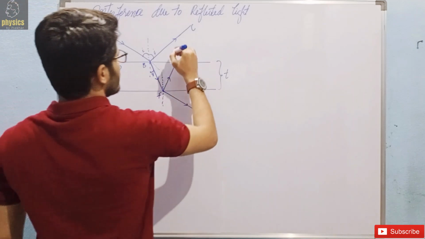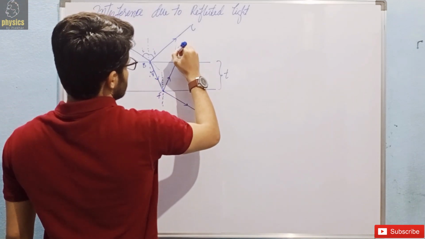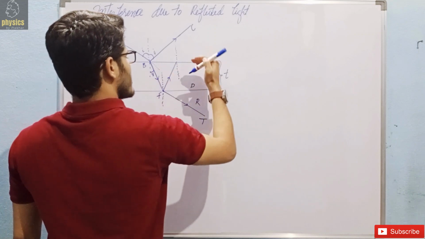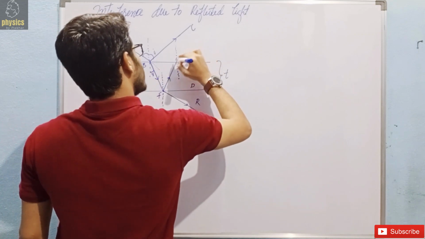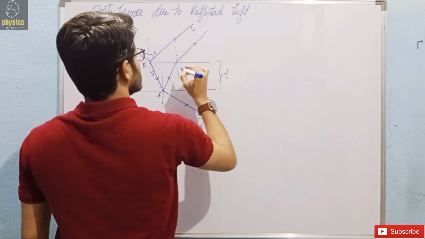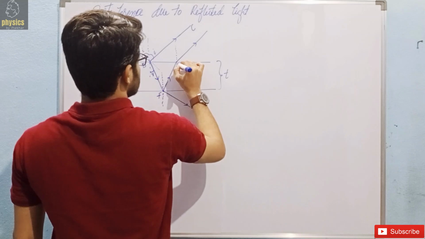This is my normal. Light traveling from denser to rarer will bend away from the normal. Likewise, here I'm calling this D.